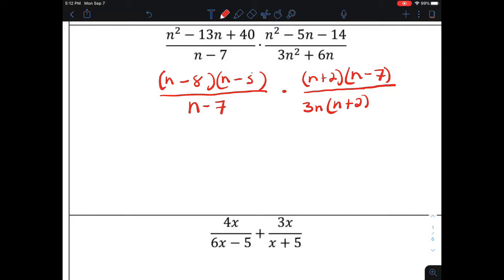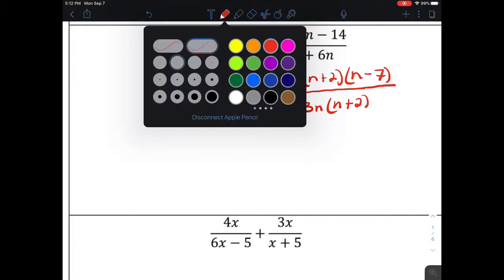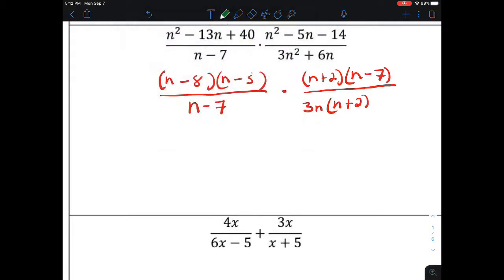Okay, so both of the rational functions factor into this. And we look, and we can simplify this problem.